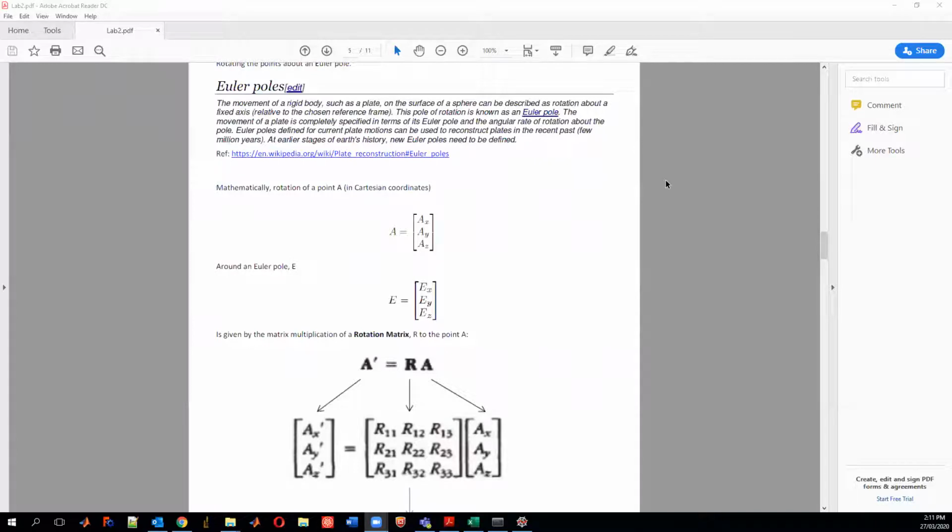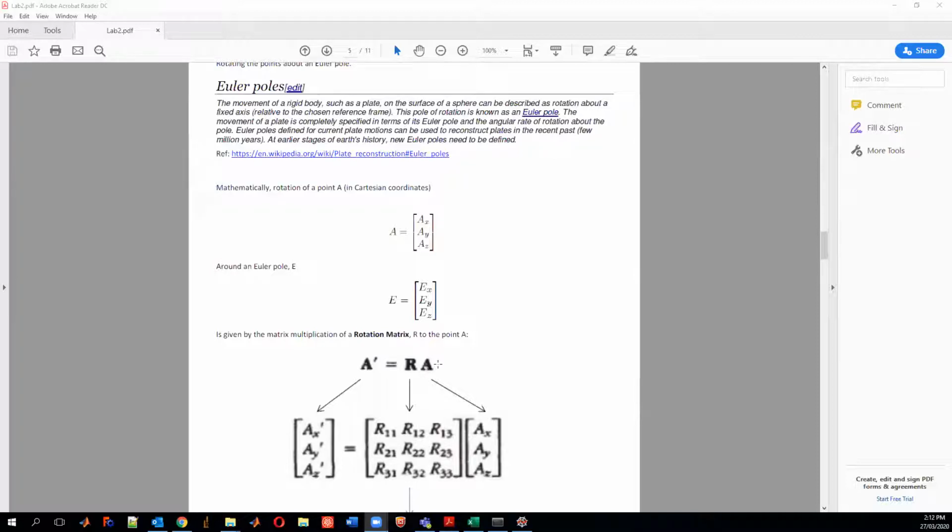But basically, if I'm quite short with it, if we have a point on the globe which has Cartesian coordinates AX, AY, and AZ, and if we define an Euler pole, which I'm going to call E for Euler, and the points in Cartesian coordinates of the Euler pole are EX, EY, and EZ, well, a rotation of this point A around the Euler pole can be given by this matrix equation.